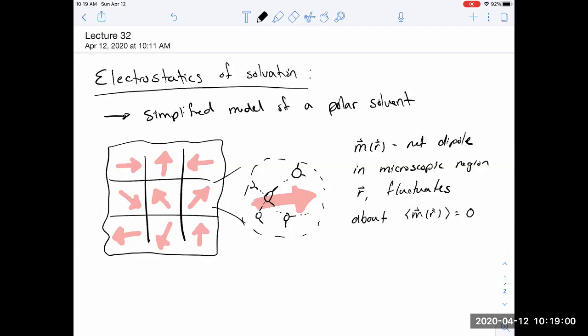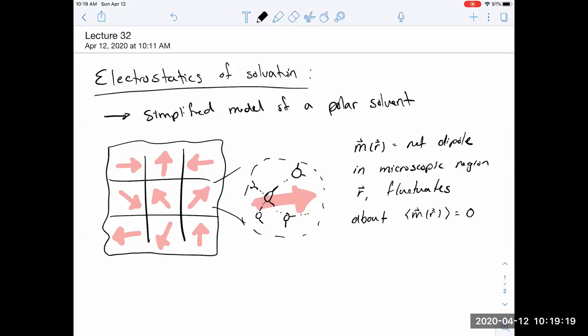So M of R is the local dipole in the region R, which fluctuates due to thermal fluctuations about some average of 0. So that's our simple model for a solvent.